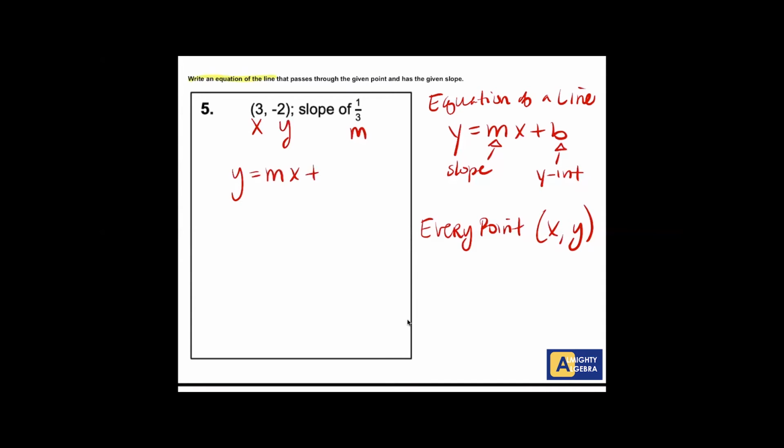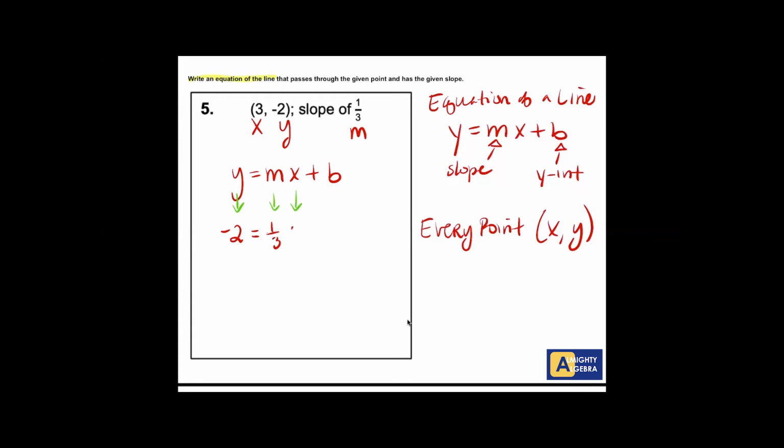Write the formula for a line, y equals mx plus b, and now you're going to substitute all the values that you've labeled above. By substitute, we're basically just changing them and rewriting this formula. So if y is -2, I'm going to change this to -2 equals my m, or my slope, is 1/3.